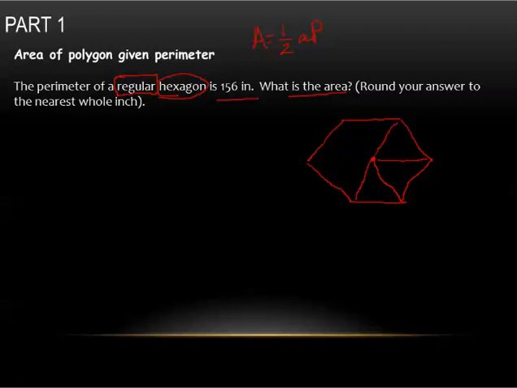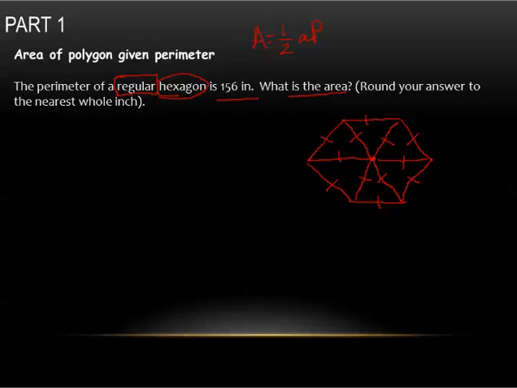It breaks itself up right there. You can draw 6 equilateral triangles. A regular hexagon has 6 equilateral triangles. That means all the sides have the same measure. And that's key to solving this kind of problem, knowing that information right there. That's a very important property.